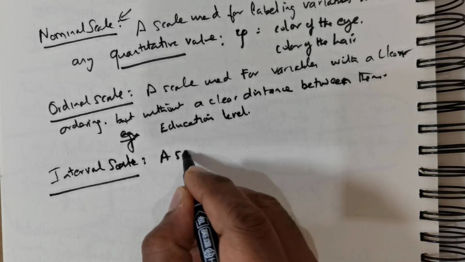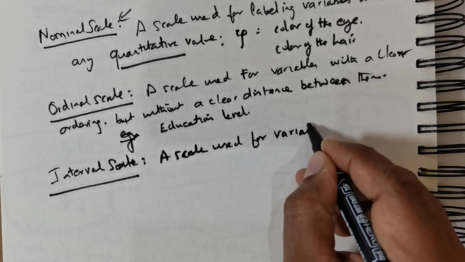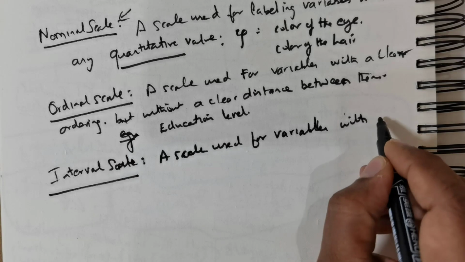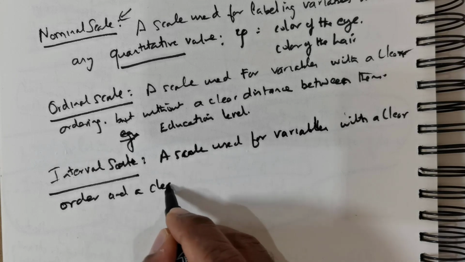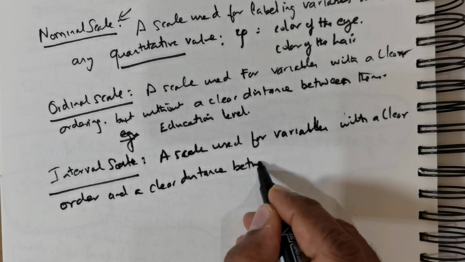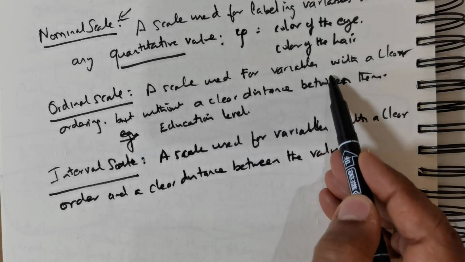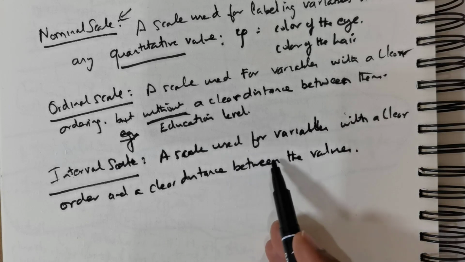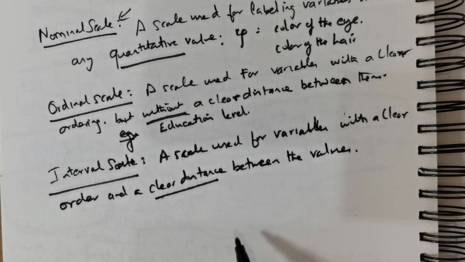This is a scale used for variables with a clear ordering and a clear distance between the values.